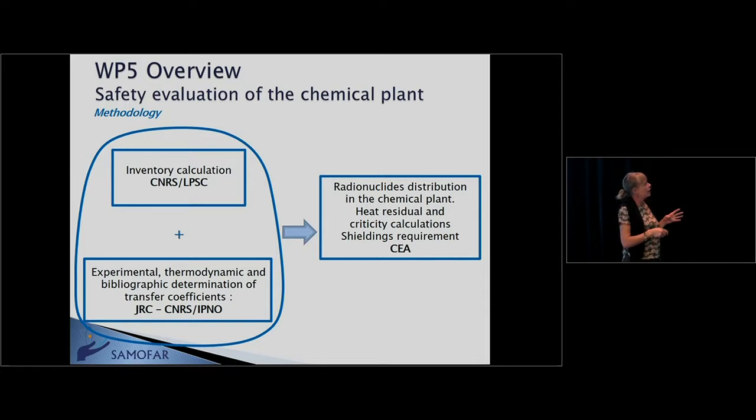Finally, all these parameters are introduced in a code which was developed by CEA in order to calculate the radionuclide distribution in the chemical plant. When we know this radionuclide distribution, it is possible to calculate the residual heat and also the criticality, and afterwards to propose a shielding requirement in all the parts of the chemical plant.